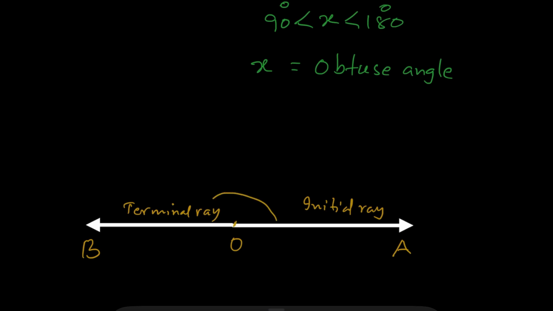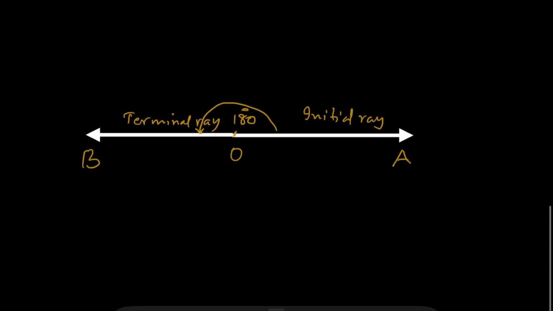Therefore, this angle is how much? 180 degrees. If angle AOB is 180, then it is called a straight angle.